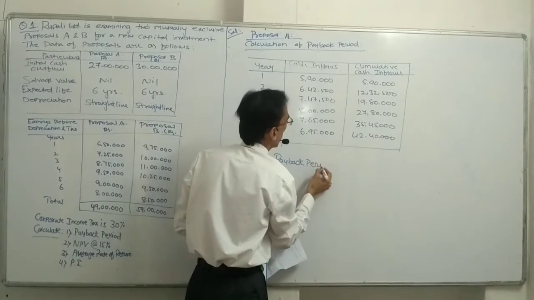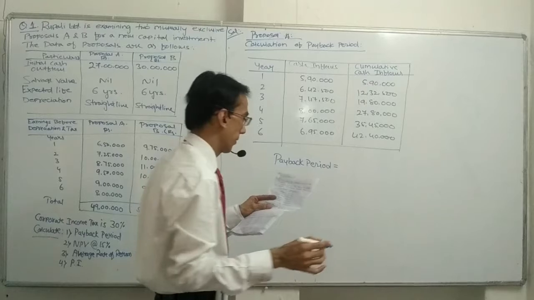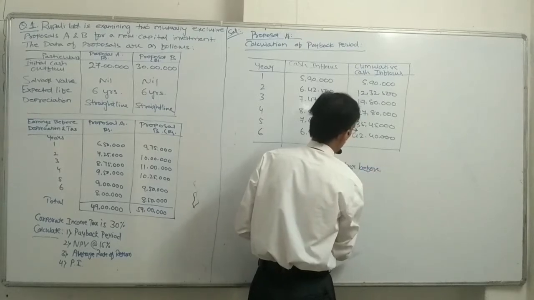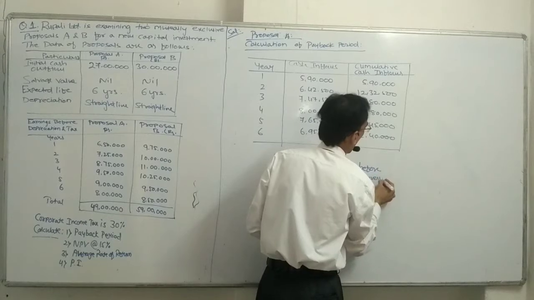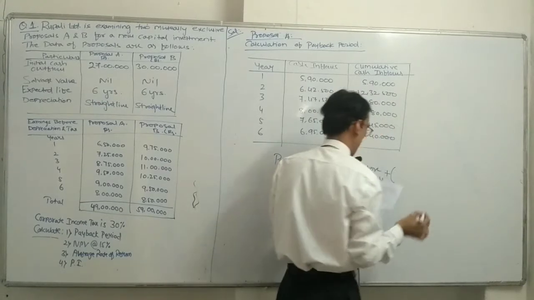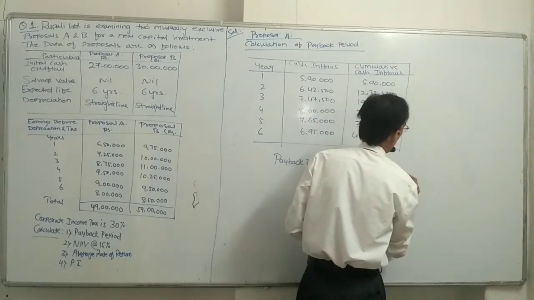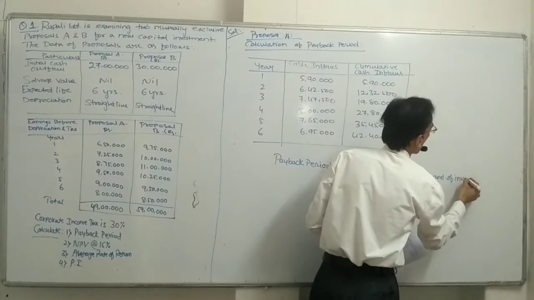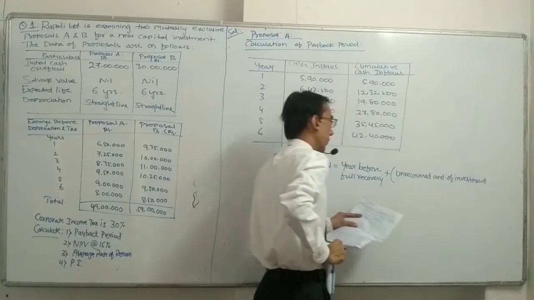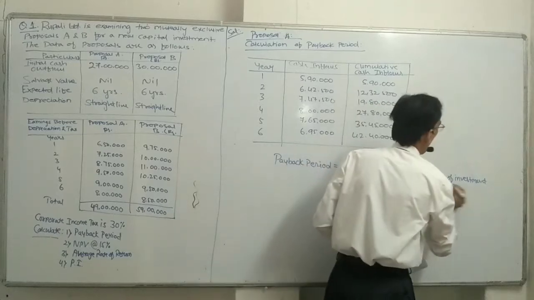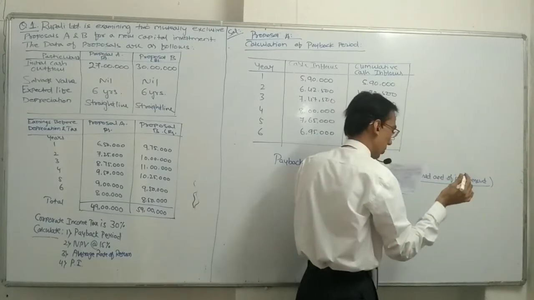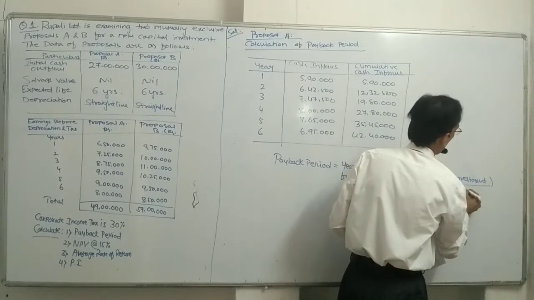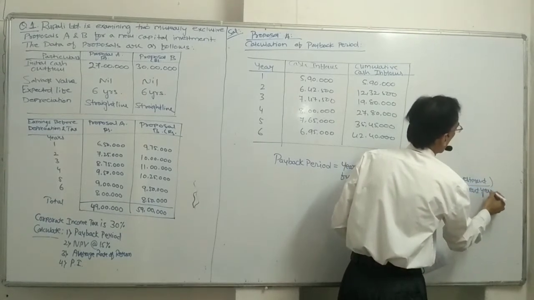The formula for payback period for uneven cash flows is year before full recovery plus, in bracket, unrecovered amount of investment divided by cash inflow of subsequent year.